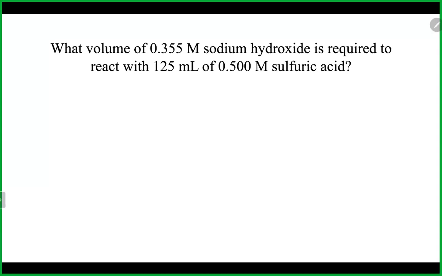If it is not a one-to-one relationship in your balanced equation, you will get the wrong answers. So you should always show these type of problems using stoichiometry, dimensional analysis. You will not get full credit if you use M1V1 equals M2V2 on these type of problems. And again, just be careful because it will not always give you the right answer, depending on your equation.